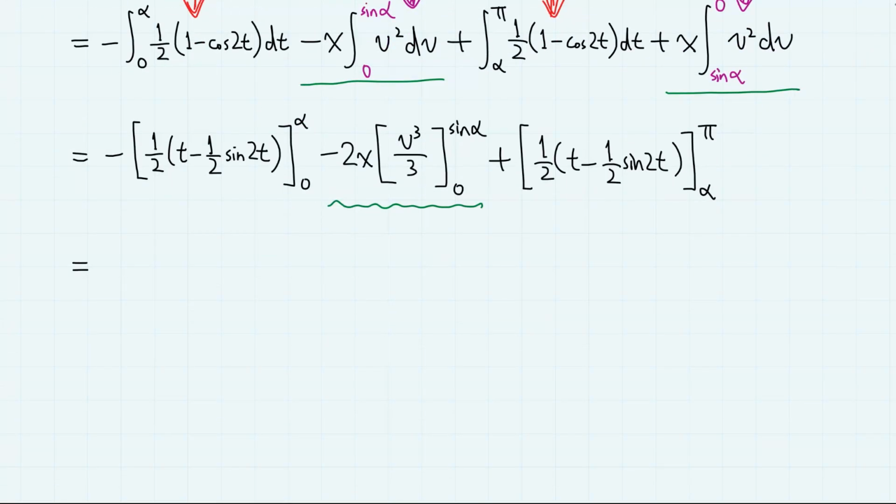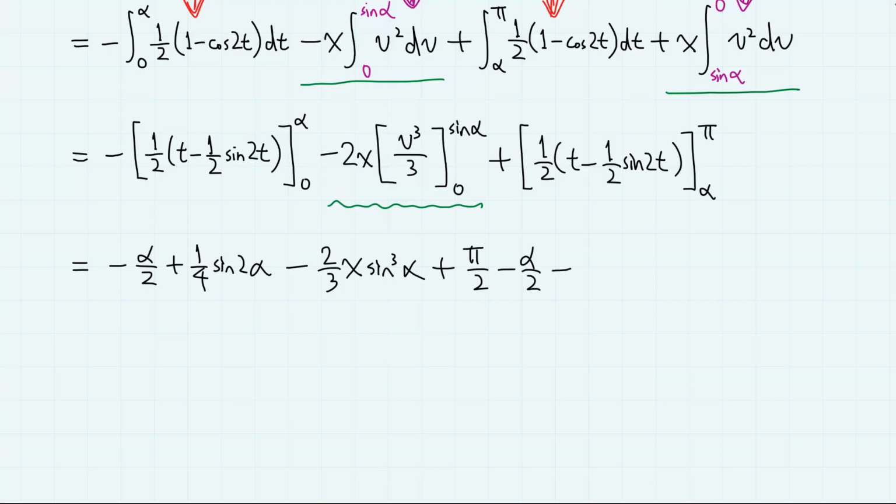So from the first part, we have minus alpha over 2 plus 1/4 sine 2 alpha. And from the second part, we have 2/3 times x times sine cubed alpha. And from the third part, we obtain pi over 2 minus alpha over 2 plus 1/4 sine 2 alpha.